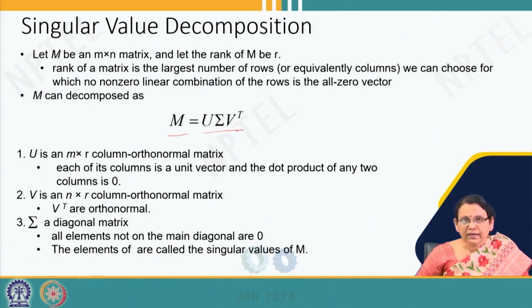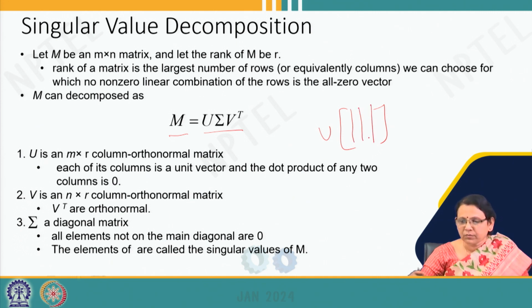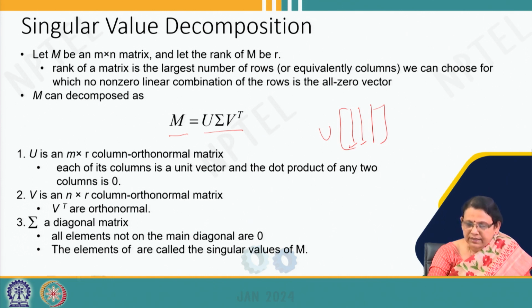When we say it is column orthonormal, what do we mean? U is a matrix, so let us say this is the matrix. These are the columns. If these column elements are multiplied with each other, that is, you take the dot product, then that dot product turns out to be 0.